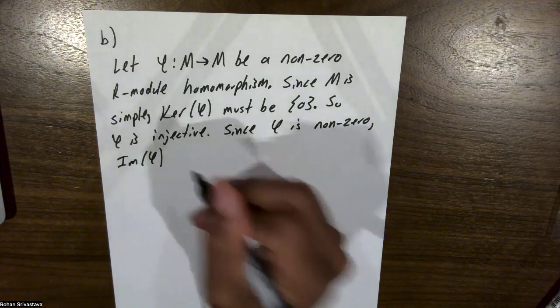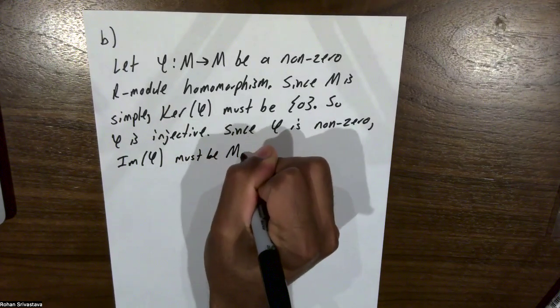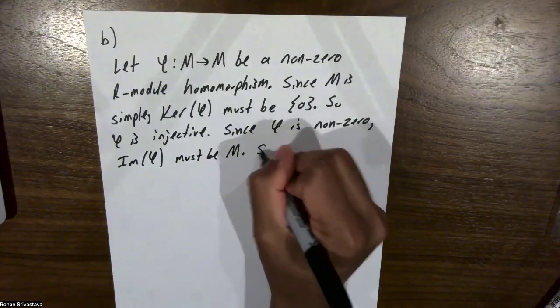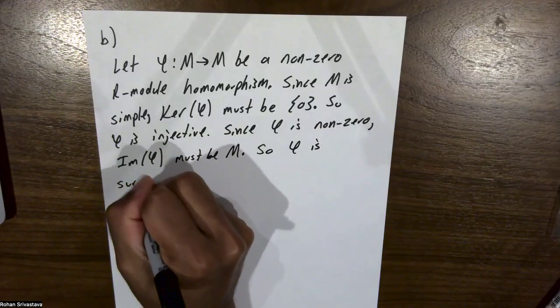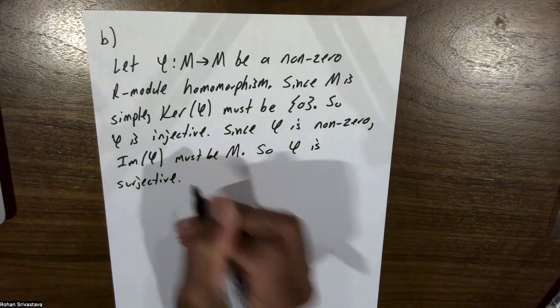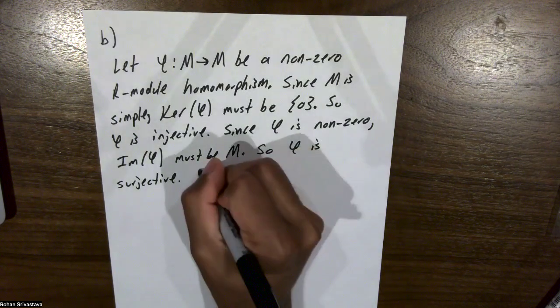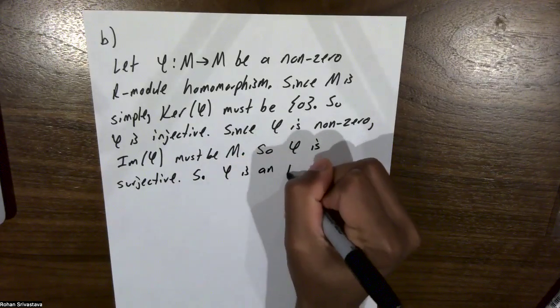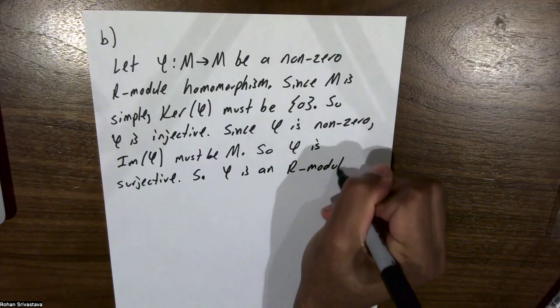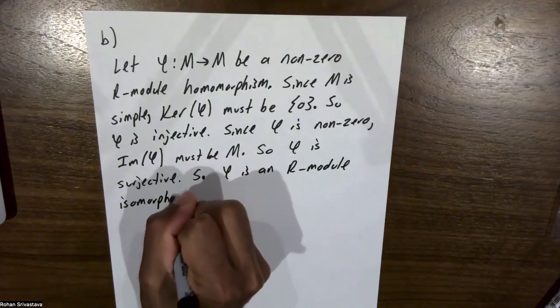So that's to say phi is surjective. So we have a bijective R-module homomorphism, in other words, an R-module isomorphism. So phi is an R-module isomorphism.